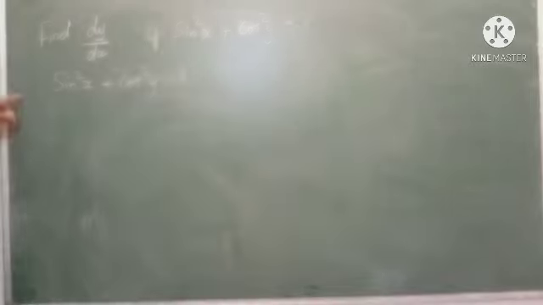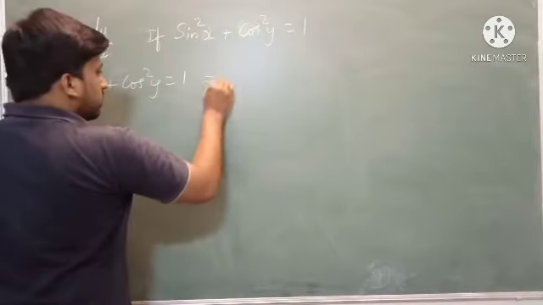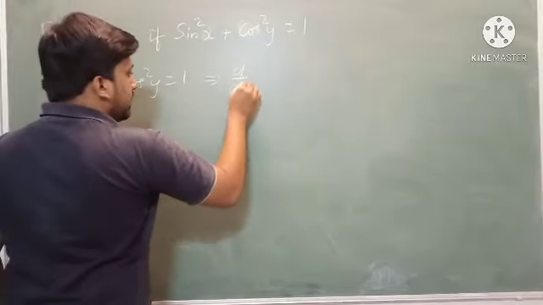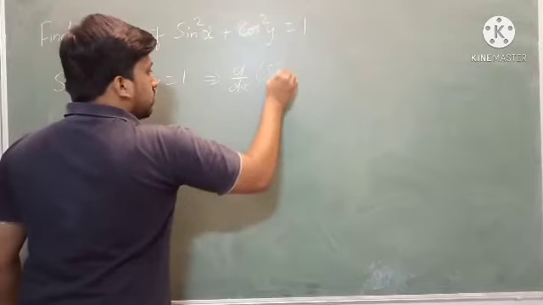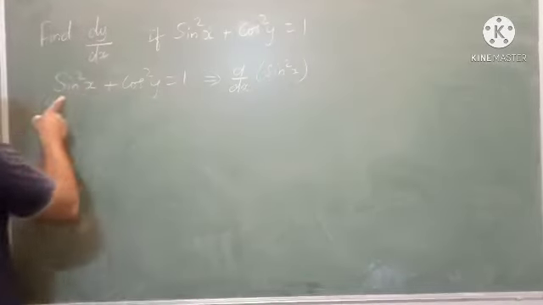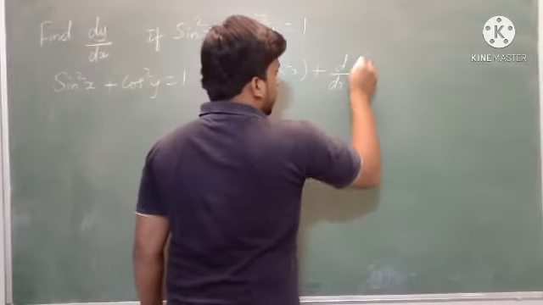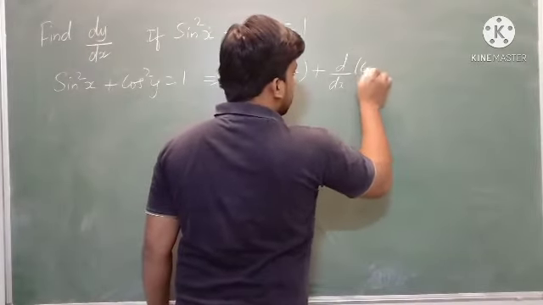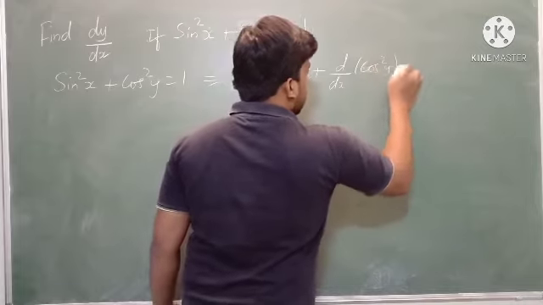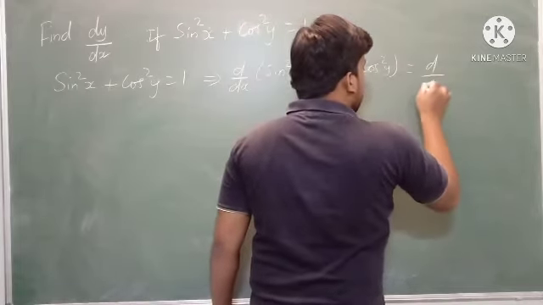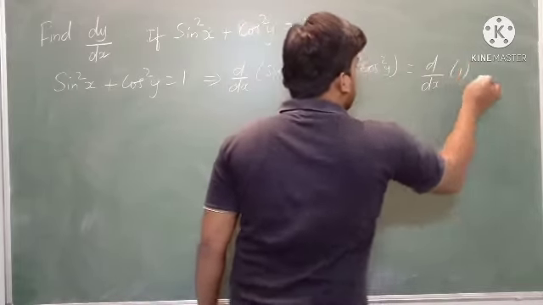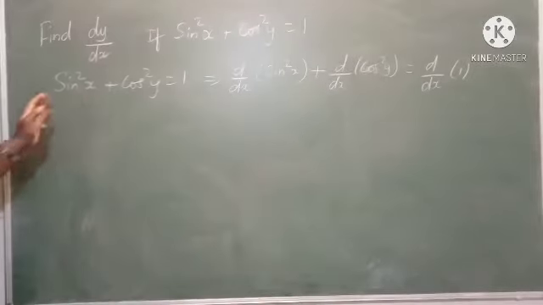Now differentiating this, what will be happening? So that implies we will be getting d by dx of sin square x, right, plus d by dx of cos square y, that is equal to d by dx of 1. Right? We are going to differentiate this side.